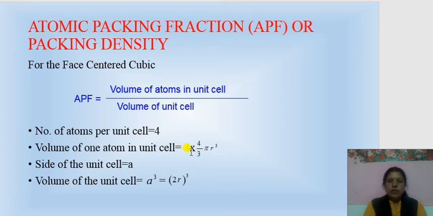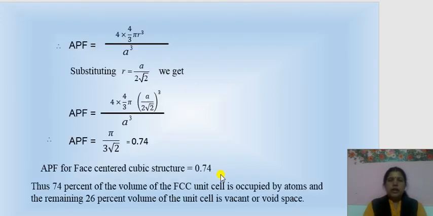Substituting these values, we get atomic packing fraction equal to 4 into 4 by 3 pi r cube divided by A cube. R is equal to A upon 2 root 2. Substitute here: 4 into 4 by 3 pi in bracket A upon 2 root 2 cube, divided by A cube, and that becomes pi upon 3 root 2, that is equal to 0.74.